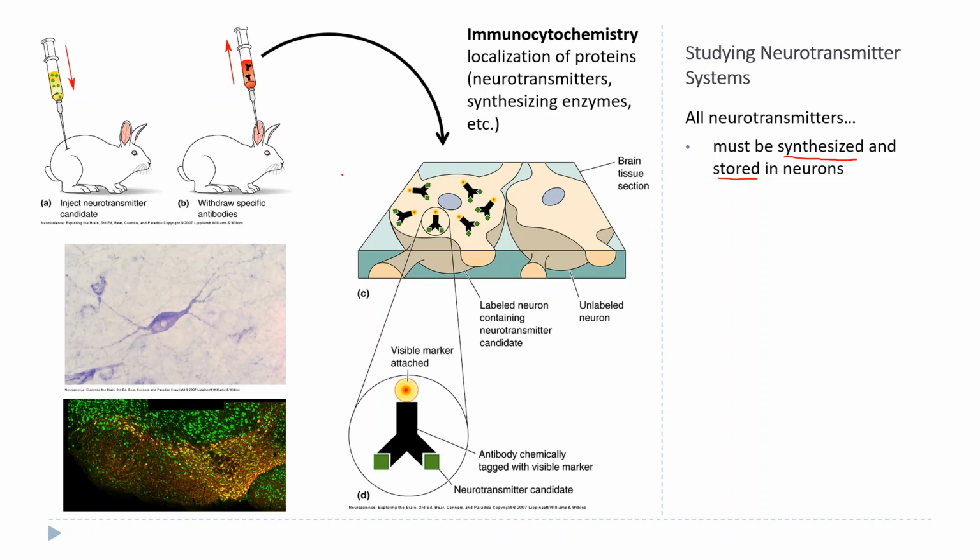Here, what we're showing is a process called immunocytochemistry. The word immuno has to do with the immune system. Cyto means cell, and chemistry just means using a chemical reaction to identify something. The reason it's called immunocytochemistry is because you're using antibodies to try to find these molecules.